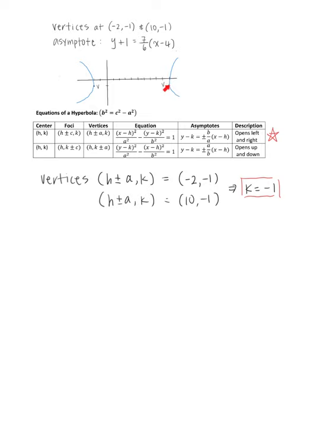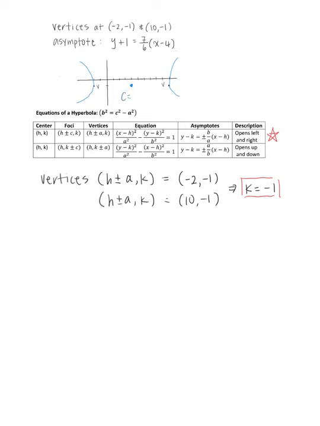Half of 12 is 6. So from the vertex, you move 6 units: 1, 2, 3, 4, 5, 6. So here is going to be your center. Let me jot that out. That's going to be our center.